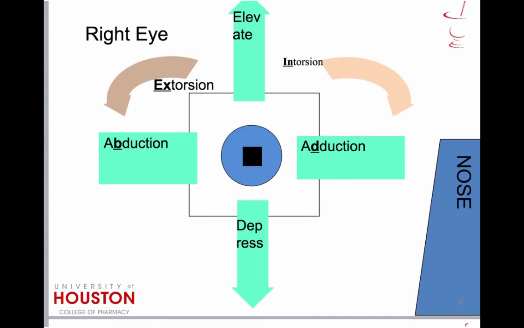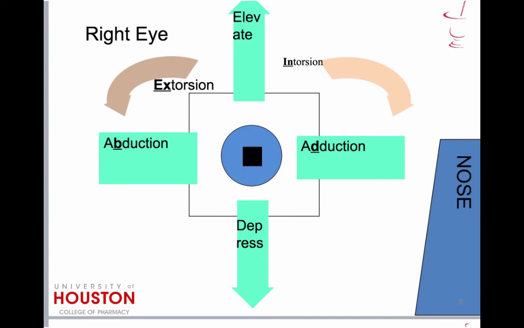If you're moving away from, that's to abduct. So think about somebody who's being kidnapped is abducted. It's taken away from. So abduction. And those are the terms we're going to see more and more, not just in the eye, but when we get to talking about movements of the limbs, like your arms and legs, we'll discuss that way.